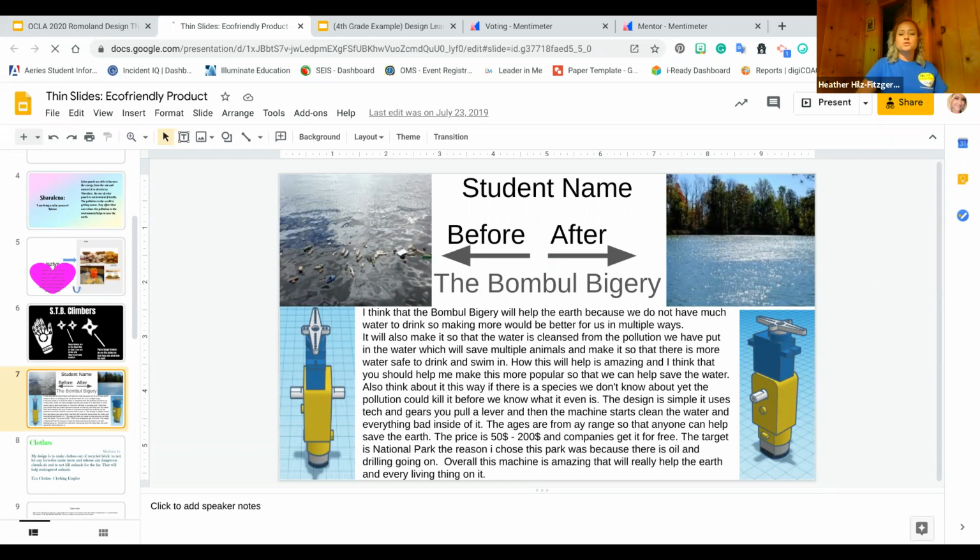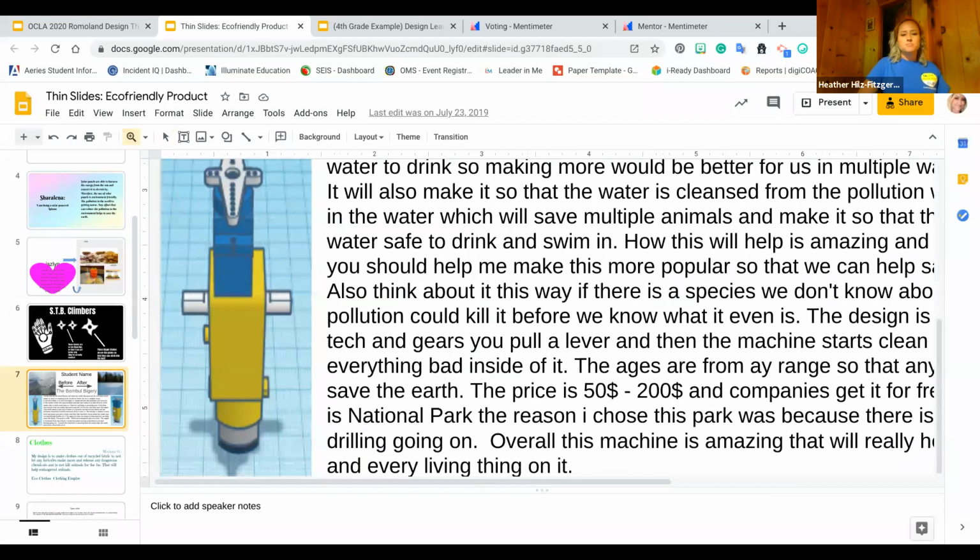And so he was able to take some type of article that he had read from Newsela, be inspired by it, go through the design thinking process, and then Tinkercad, which is always a fun tool for students to use to design their prototypes.